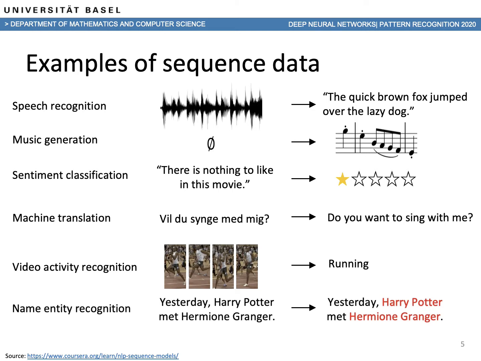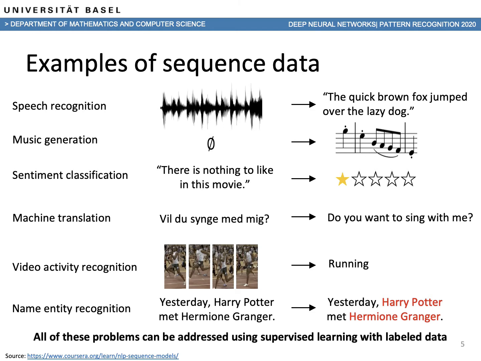Another popular thing to use sequence models for is named entity recognition. In this case you want to figure out the names in a sentence. All of these problems can be addressed using supervised learning with labeled data, using some form of recurrent neural networks.